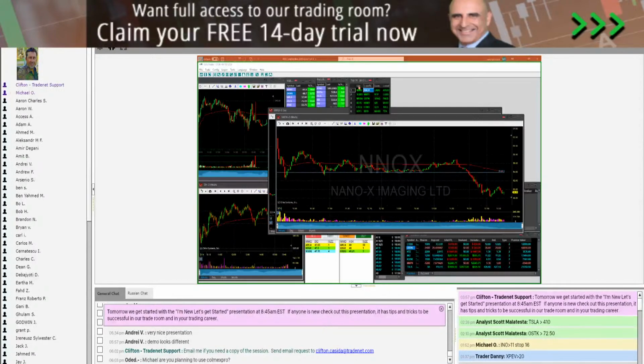Why would I use Colmex Pro? Whatever Colmex Pro means, I don't know, but the new platform you mean? If it is the new platform, I'm already using the new platform. I have an account on the new platform. I just prefer to trade the old platform because I've been trading it for, I don't know, 7 years, 10 years.